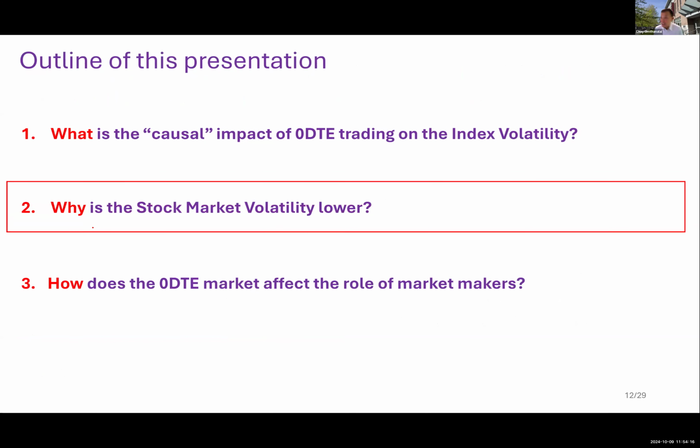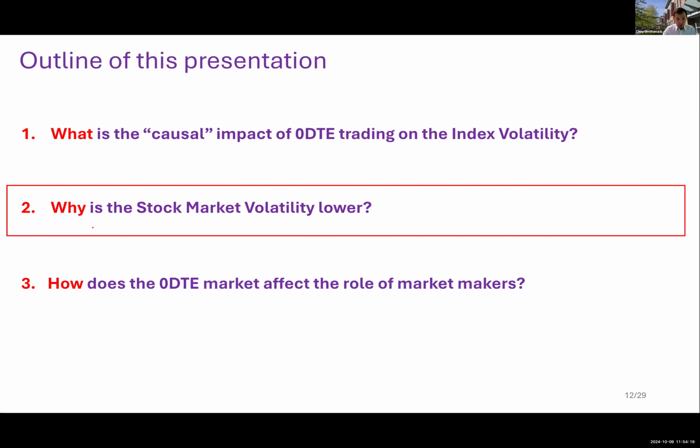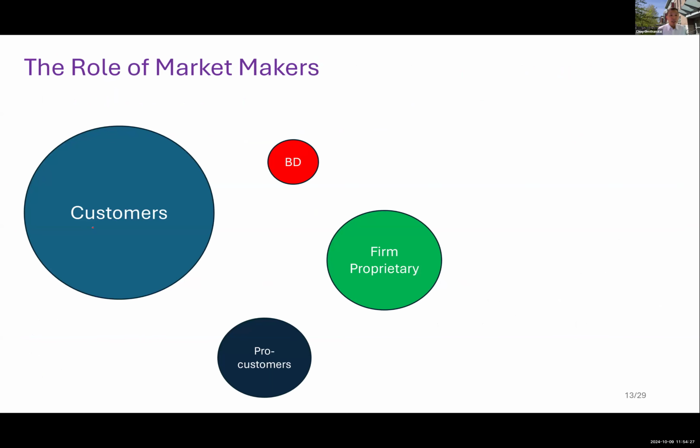So moving on, the next research question that we focus on is: why is the stock market volatility lower? What is the mechanism? The mechanism that we're going to explain here is market maker hedging, the role of liquidity providers. The data that we have here is the intraday open-close volume at the 10-minute interval. And we see the trading directions, the opening and closing of the order, by customers, broker-dealers, and different types of investors.